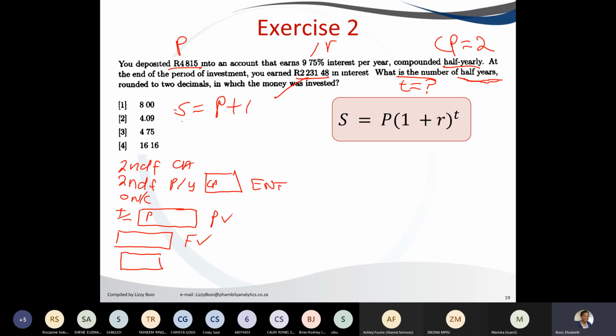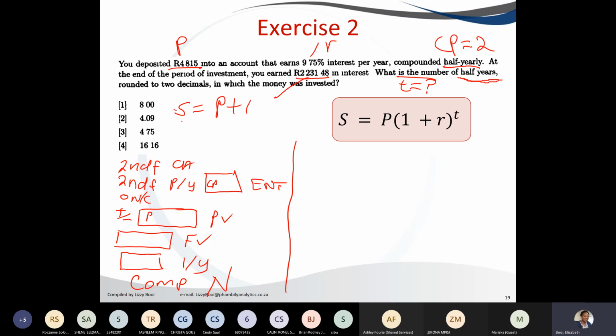Remember the rate in this instance, especially for those using a financial calculator, is 9.75. So you will put your I/Y and then press N to compute N. And that's what you will compute, N.